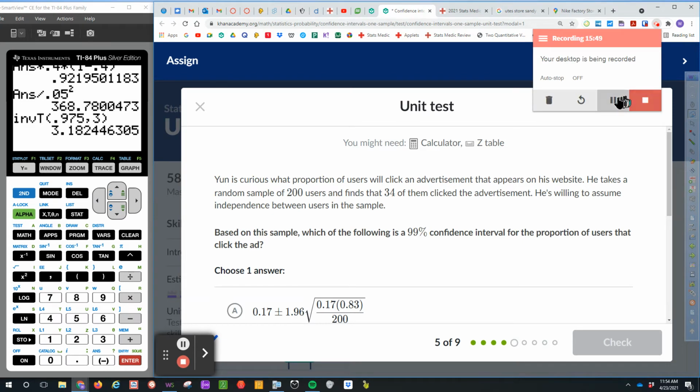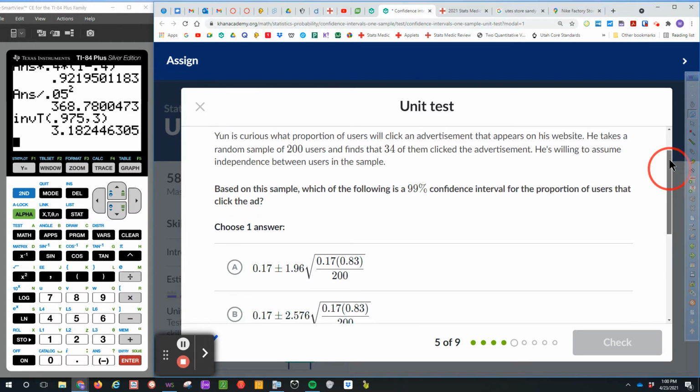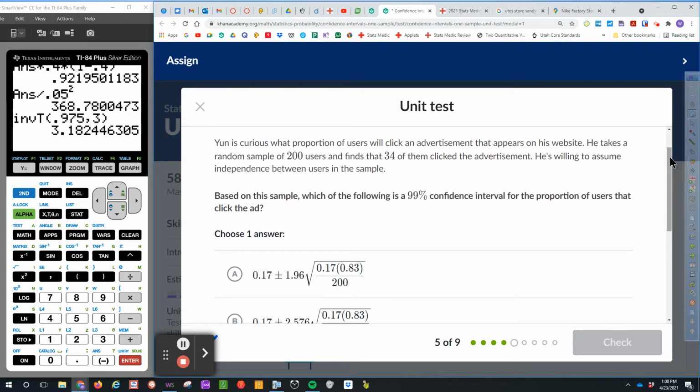I'm going to pause. All right, so let's continue. Next question is Yuri Yoon is curious what proportion of users will click on an advertisement that appears on his website.